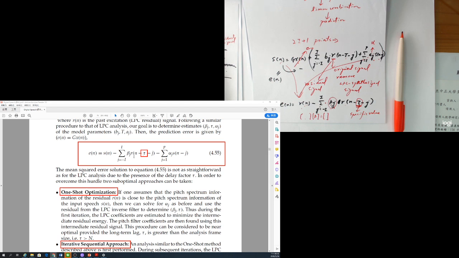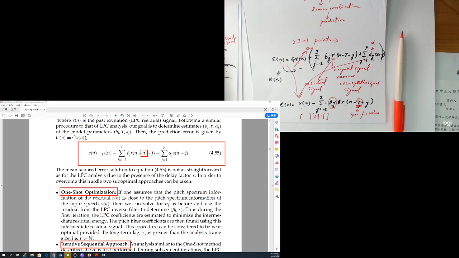We find the tau and beta. Once we get tau and beta, the original signal can have this removed, and based on that we do it again, try to find the alpha again, and then find tau and beta. So it repeats one-shot optimization many times to make the total error minimized.